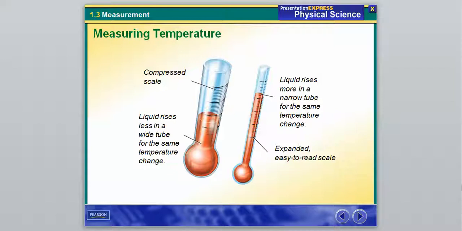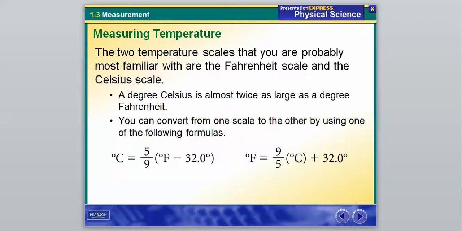So we have two different types of temperature here. We have a more compressed version. The one on the left is not as easy to read, because you can see the bars are smaller and closer together. So if we make it a smaller version, it might be a little bit easier for us to read. So that is just two different types.